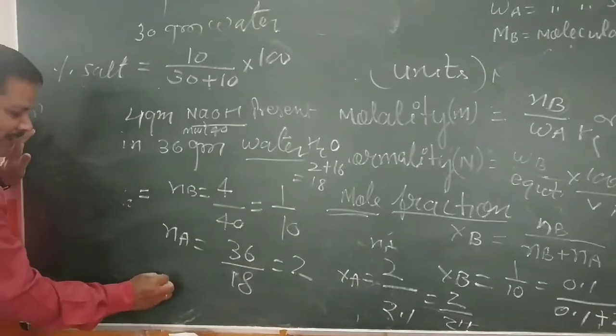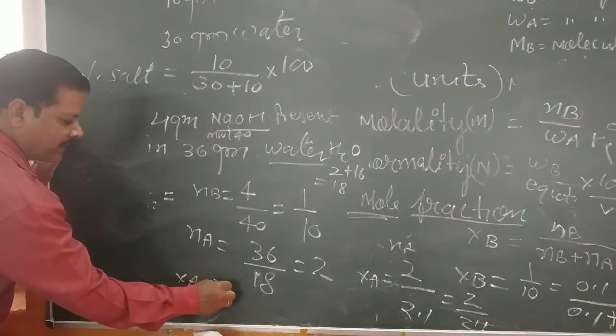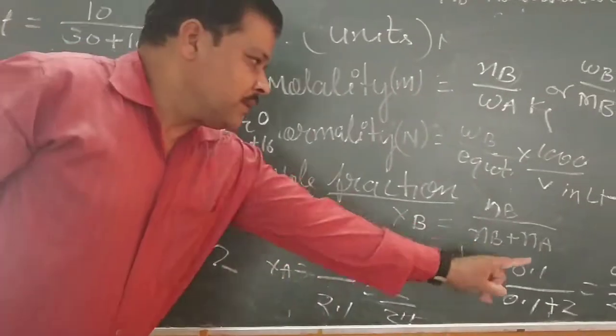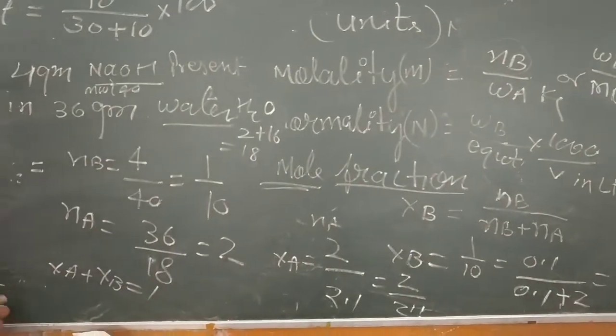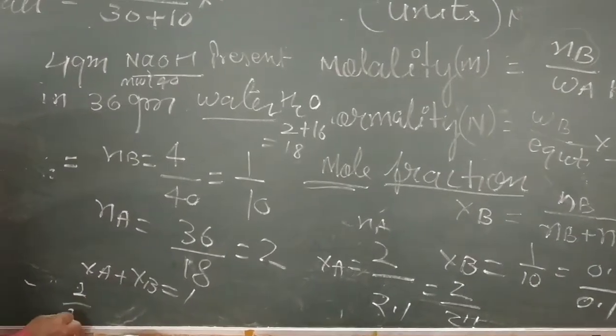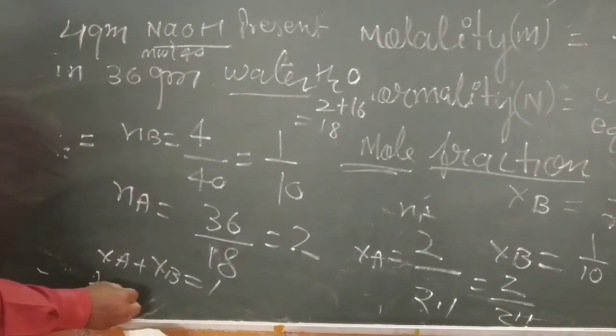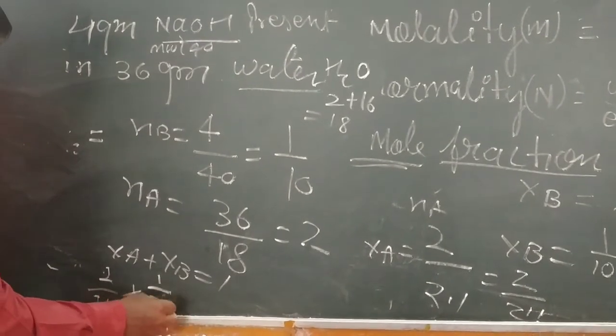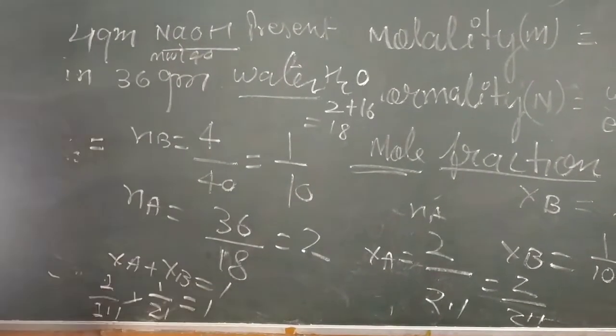Always mole fraction of solute plus mole fraction of solvent will come 1. Here chi B is coming 2 upon 2.1, chi A is coming 1 upon 21, and you know it will equal 1.